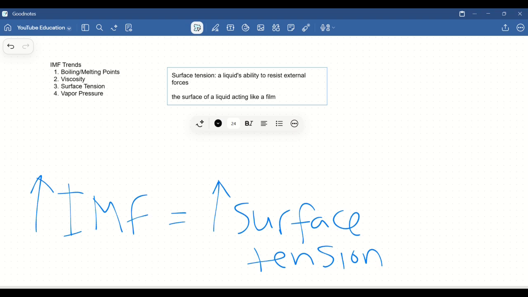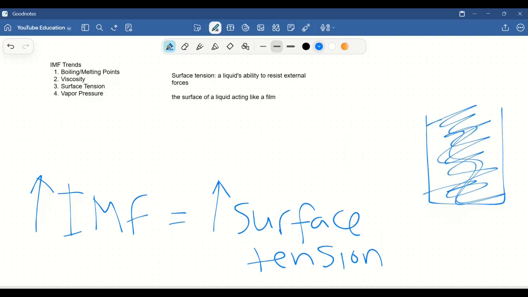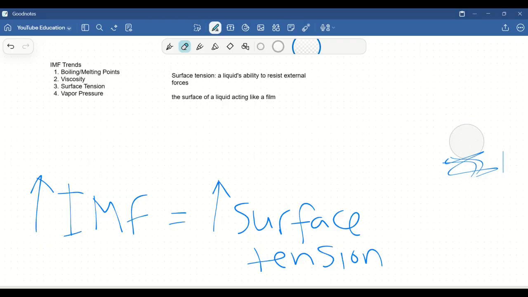So if you try to pour water in a glass and bring it up to the brim, you can pour it actually slightly over and the water will form what's called a meniscus. So you have a glass of water and it'll make this meniscus, this like curve at the top. That is because of water's high surface tension.